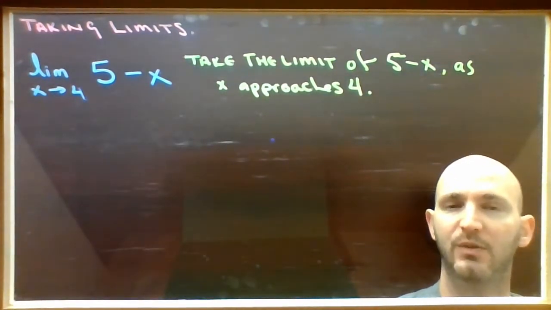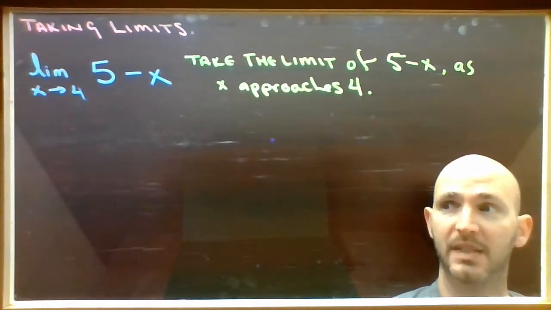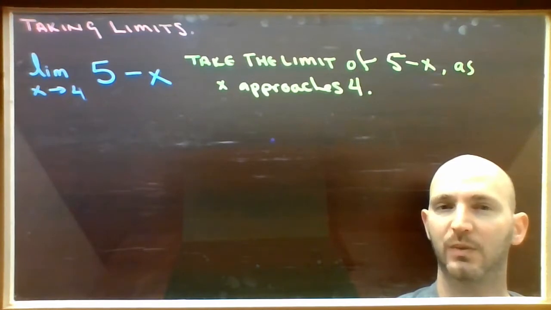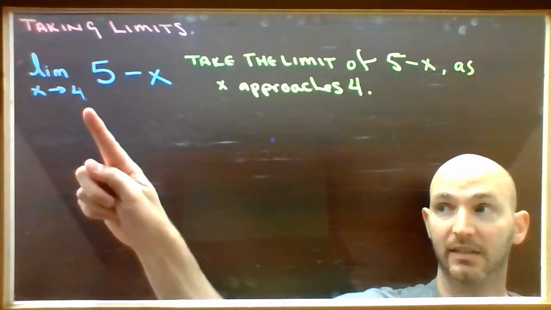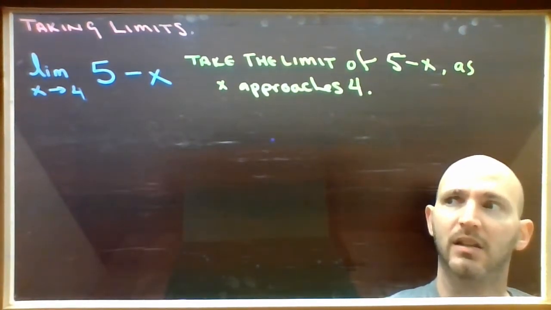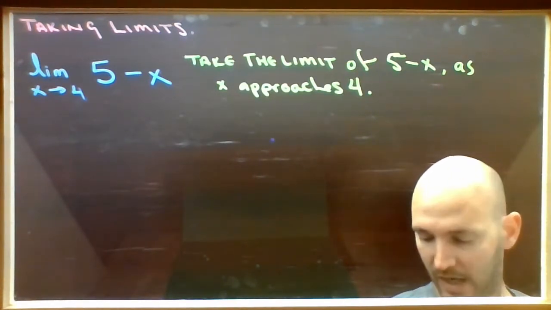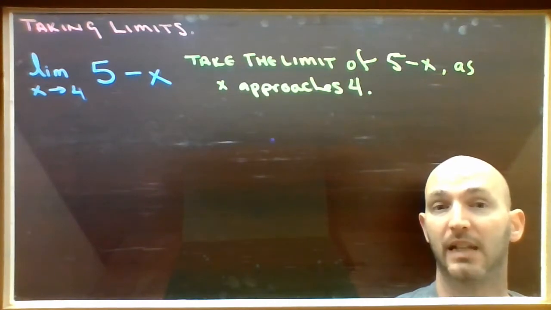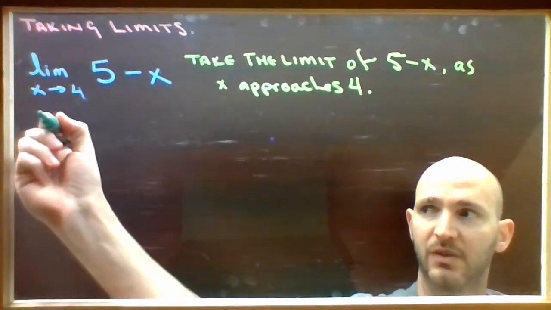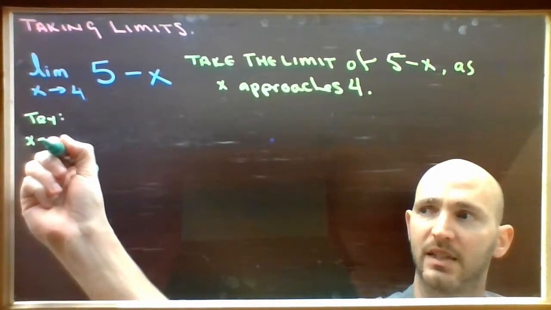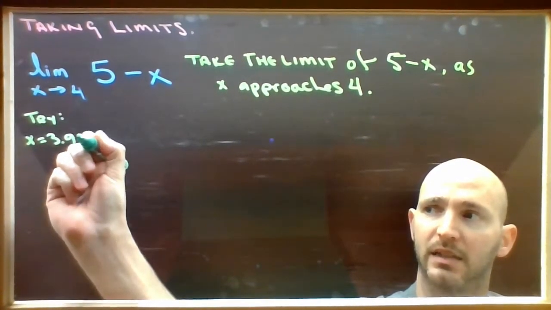So how do you do that? Well, taking a limit basically means pick a number that is very close to, but not exactly, this. So if I were to pick a number that was very, very close to 4, I might try 3.99. So I'll try x equals 3.99.